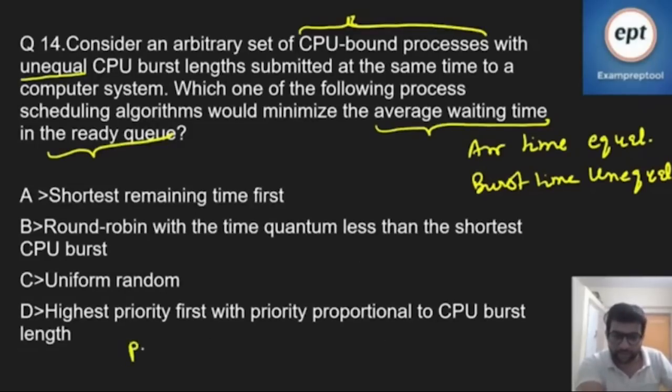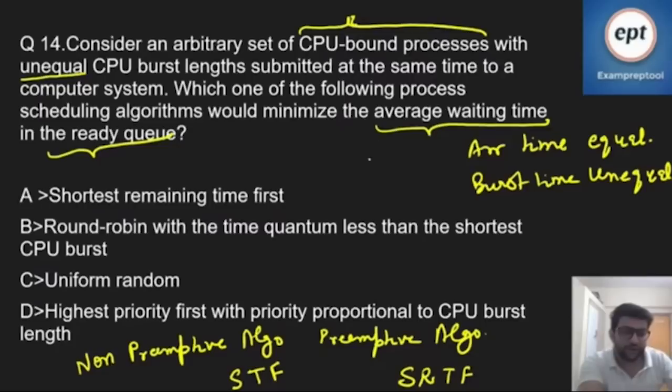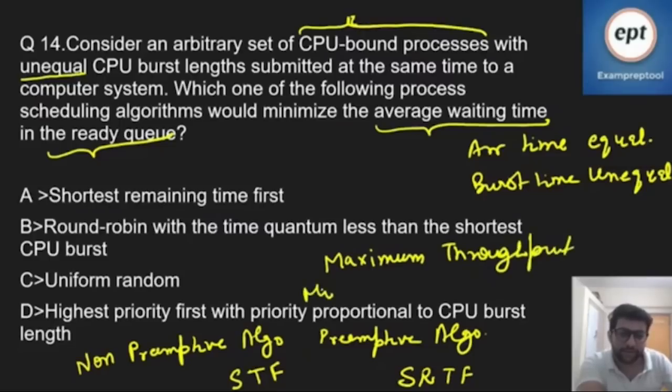We know that for non-preemptive algorithms, shortest job first, and for preemptive algorithms, SRTF, shortest remaining time first, will give the maximum throughput and minimum average waiting time and turnaround time.